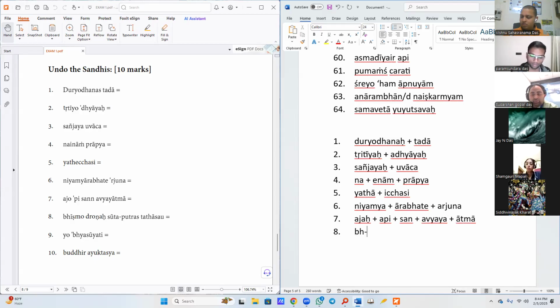Eighth. Prabhu, in Yatha Ichhasi, so it will not come to Chacha, CC. No, that is actually a verb. It's like that only. So Bhishmaha, Dronaha, Suta Putraha, Tatha Asau.